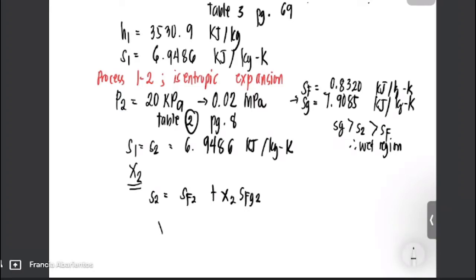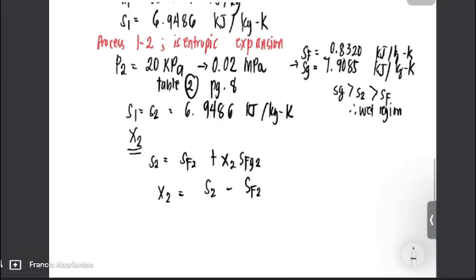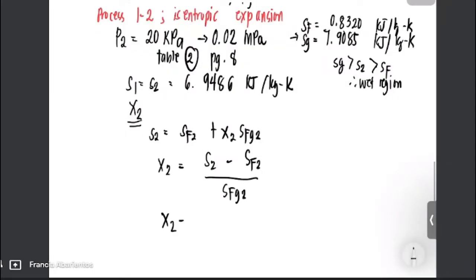So finding the quality at 0.02, we have the S2 minus SF2 over the SFG2. Finding for the quality using the property of 0.02 MPa at table 2, your S2 now, your quality is what? 6.9486 kilojoule per kilogram Kelvin. SF is 0.8320.